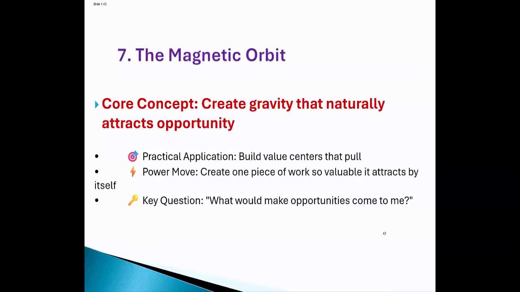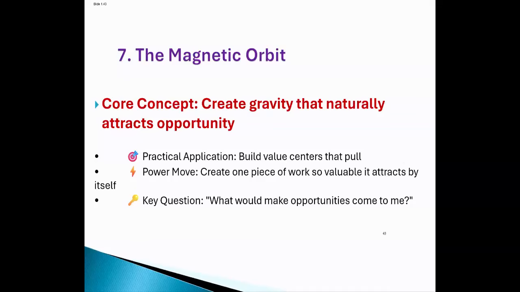Magnetic orbit. Can you create gravity that naturally attracts opportunities? You will act like a gravity center. You will create one piece of work that is so valuable that it attracts by itself. How can I create something that is so valuable that they cannot ignore me?